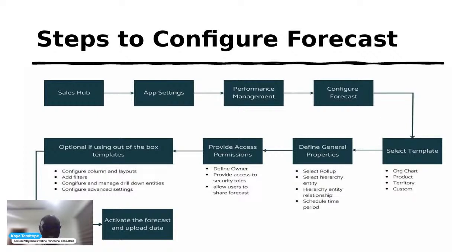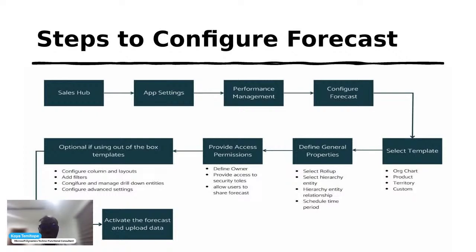Also, talking about assets and permission, you want to define who the owners are who have access to the forecast that you have built. Who do you want to share with? When you share with them, can they read and adjust? Can they do anything? You can define all that within the system. Among the other out-of-the-box features, you can also configure the layout of the template you have chosen, including what fields should be in it and whether you want to add custom fields.